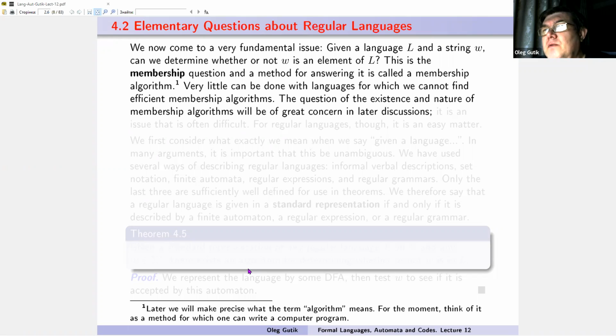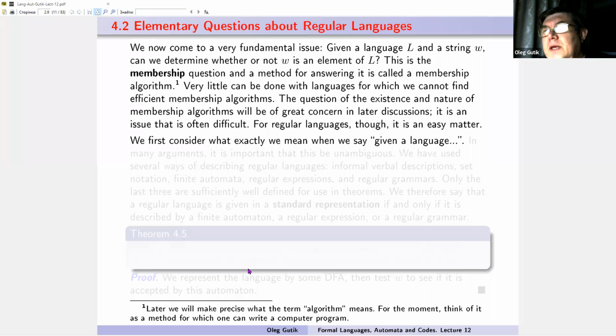The question of the existence and nature of the membership algorithm will be a great concern in later discussions. It is an issue that is often difficult. For regular languages, though, it is an easy matter.